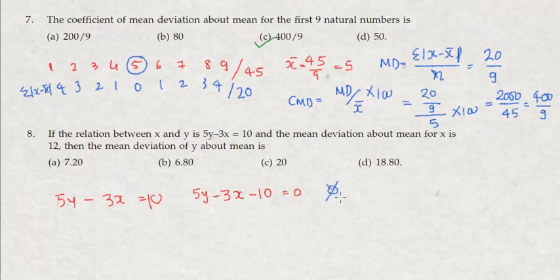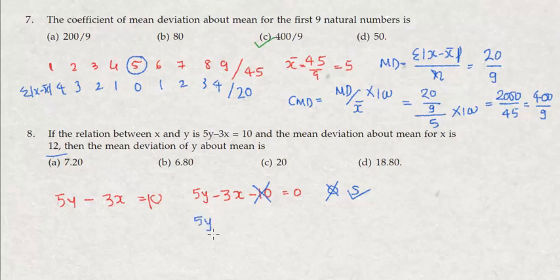So I can write like this: change in origin doesn't affect the mean deviation. So I can also forget about this minus term, but scale change does affect mean deviation. Now let me put the mean deviation given for x, that is 12, into this equation and we'll get the value for y.